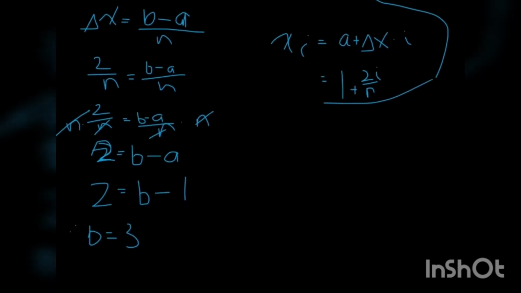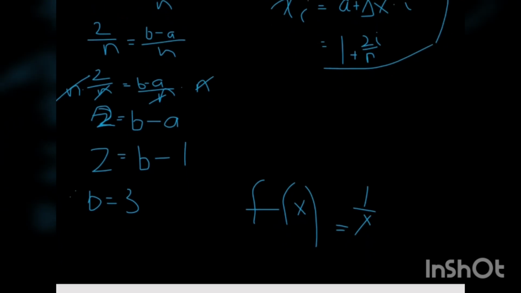So f of x is equal to 1 over x, and our interval is 1 and 3.